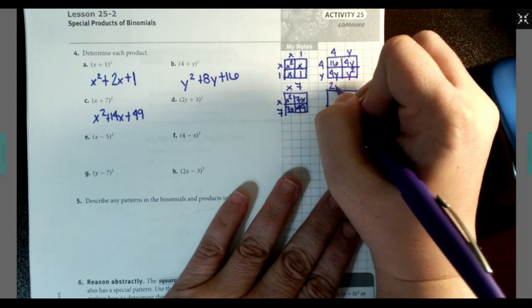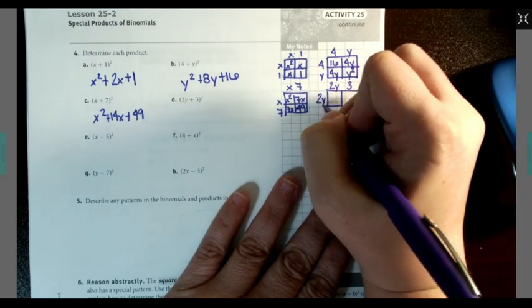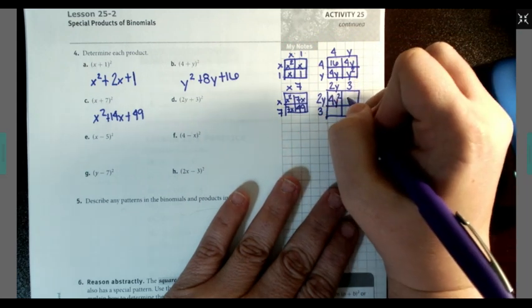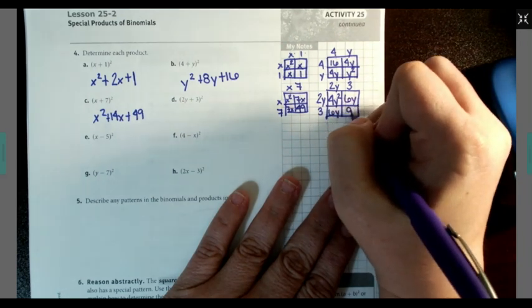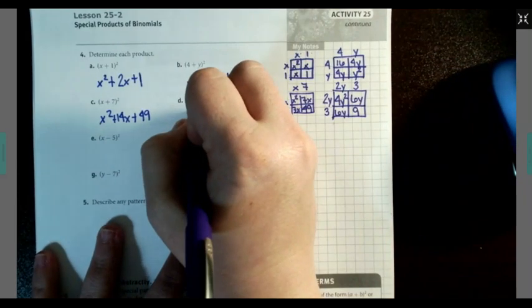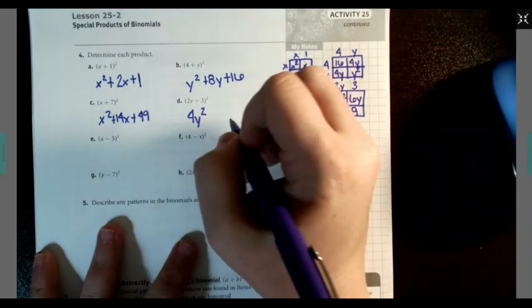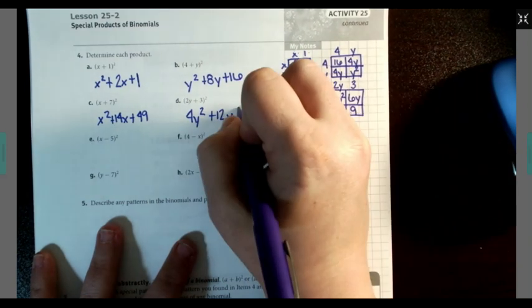We have 2y and a positive 3, 2y and a positive 3. This is going to be 4y squared, 6y, 6y, positive 9. So that's 4y squared. 6y and 6y makes 12y and 9.